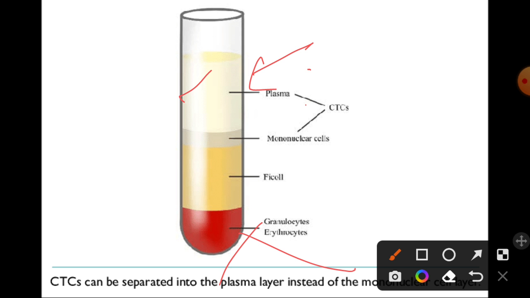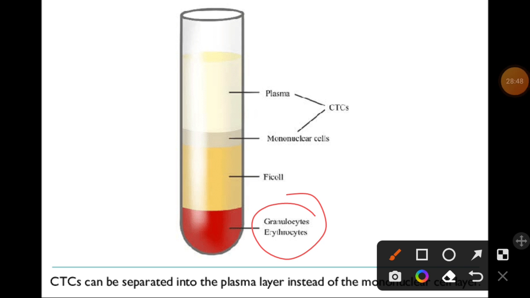Okay, and it will create different layers or bands for you, and each band contains particles having the same buoyant density. So suppose the buoyant density for granulocytes and erythrocytes is exactly equal to the environment at this point.